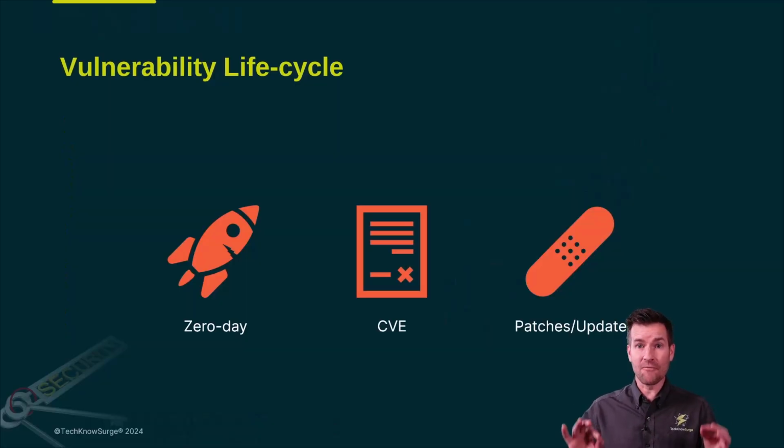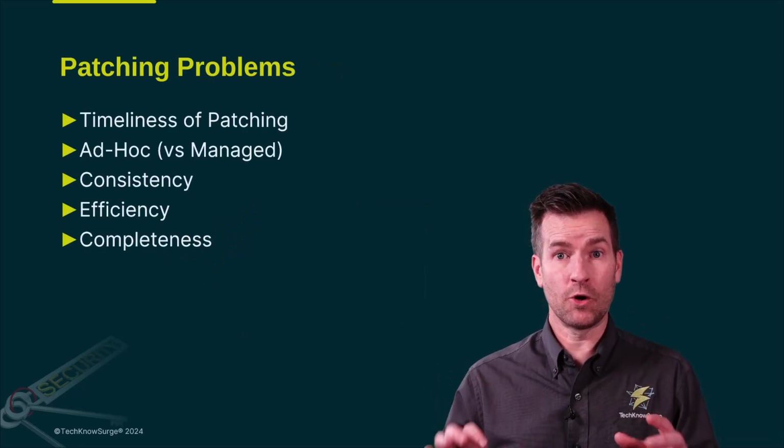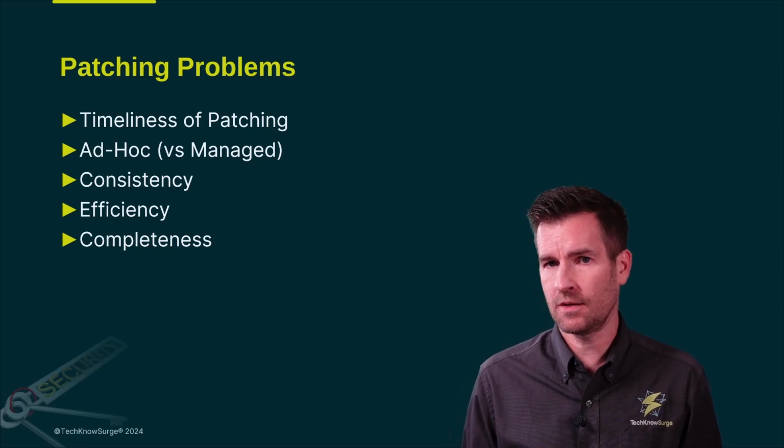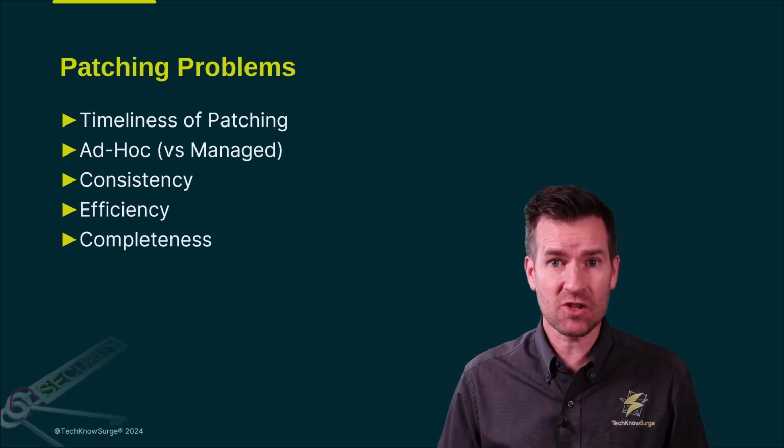And believe it or not, vulnerabilities have a life cycle as well. They get implemented, not intentionally, they then get discovered and then published, and then there's some sort of patch or some sort of way to fix that vulnerability. And so we'll talk about that life cycle and how to manage the life cycle of vulnerabilities. And a big part of vulnerabilities is the patching that happens to fix the vulnerability. So we'll also be covering patch management.